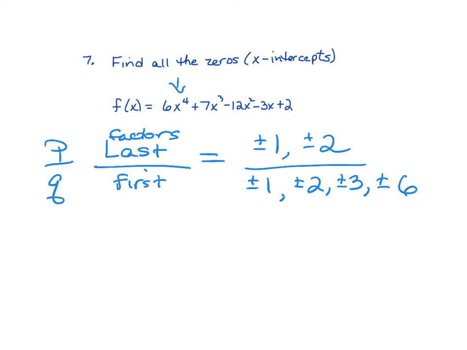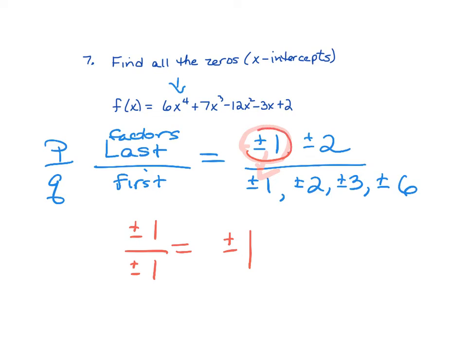Now that I have this fraction, I need to start listing all of my possible combinations. What I'm going to do is take each one. Notice there are commas in between them. I'm going to first use the 1 as a numerator and then put a 1 as a denominator. So really what I'm writing is plus minus 1 over plus minus 1, and when I divide it, that just gives me plus minus 1.